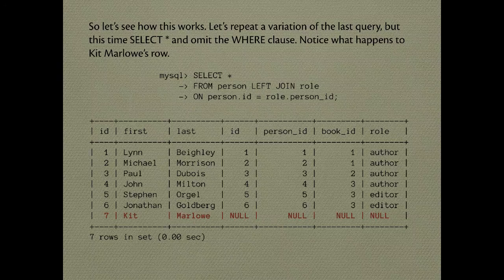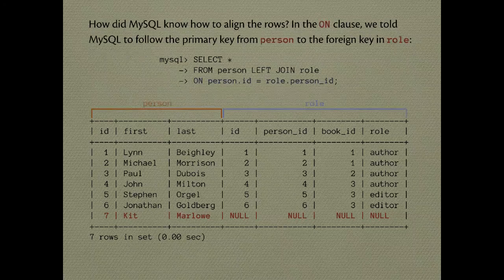The absence of a value is null, and so MySQL dutifully tells us that all of those values are null. The reason that it looks the way that it does is because in the join, it actually aligns everybody in person with something in role. So the 3 columns on the left are from person, and the 4 columns on the right are from role.